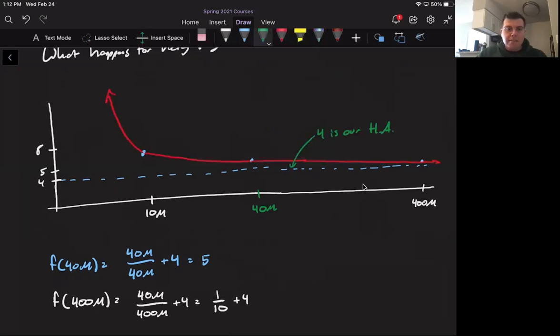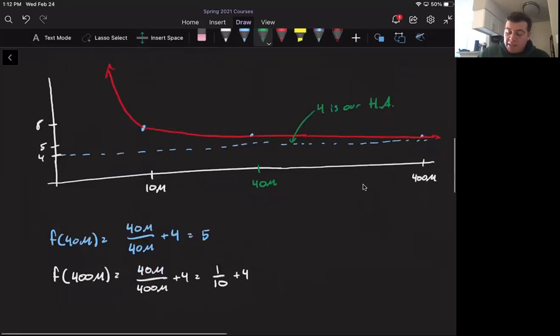That kind of makes sense. Our function's not going to drop below 4 because with each vaccine we produce, each vaccine itself still has to cost $4. The only thing we're accounting for in this function is how much we should raise the price of 4 to pay back that factory. And over time, when you produce a ton of vaccines, you can distribute that factory cost over so many vaccines.